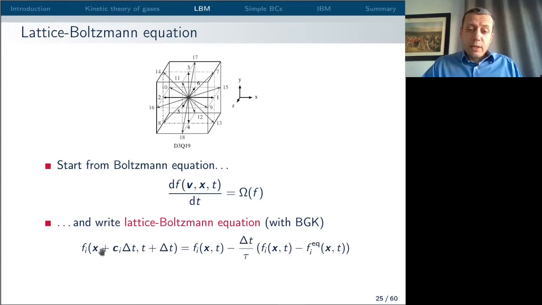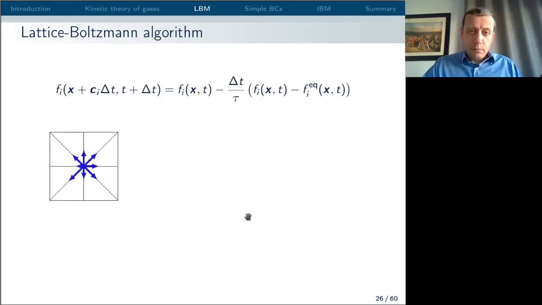And as a result, you will get the left-hand side, where you have the population at the next time step at its neighboring lattice node. So how does it work? You start with a given distribution of populations. So let's say at one lattice node, the one here in the middle, you have 9 f values.